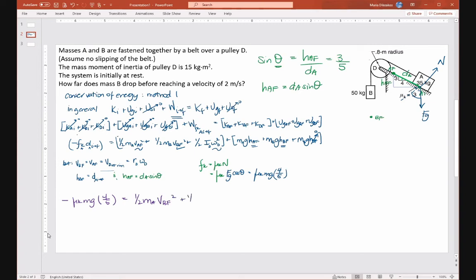Squared plus 1/2 MB VBF squared plus 1/2 I omega D squared. Now, omega D here is going to equal VBF divided by RD.